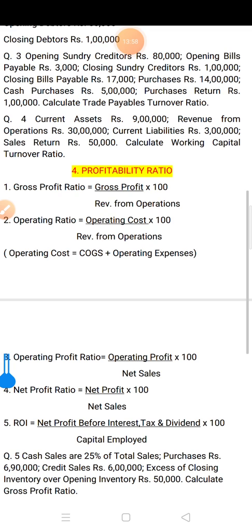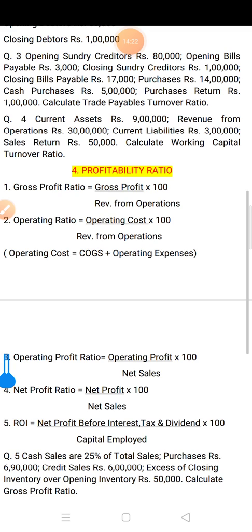Or if revenue from operation means net sale, if net sale is not given in the question, then you have to take COGS, cost of goods sold, divided by working capital, and working capital formula is current asset minus current liability. Answer will come in times.